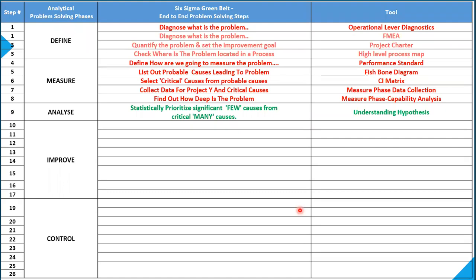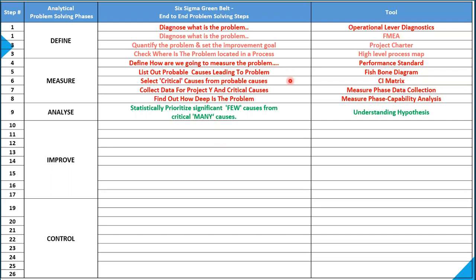In the measure phase, as the word measure suggests, we have to measure something. So the very first thing we did is define how we are going to measure the problem. So we somehow attach measurable characteristics to the problem, terms like target, specifications, and defectives.